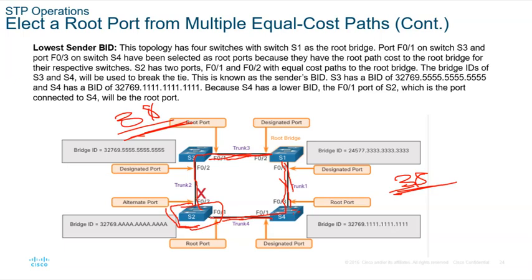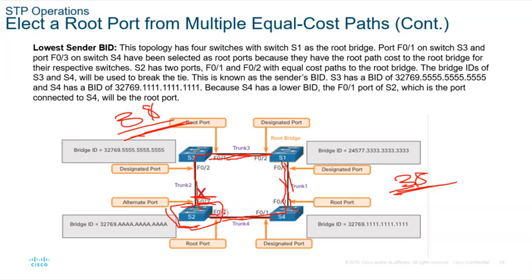Now, on top of that, when you look at this, this is the distance, and then this distance, and then the sender priority, it's the same. Even from this side, they're the same. So automatically we are going to look at the ports. On this one here, and then this, which one?